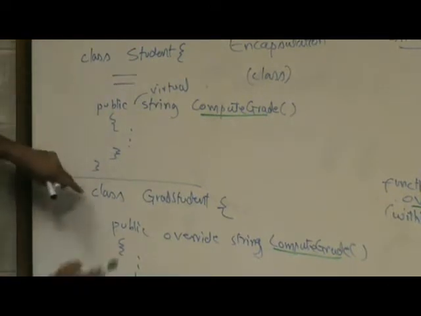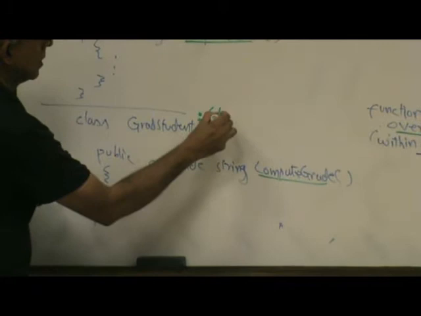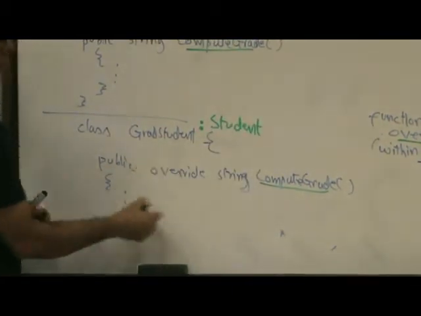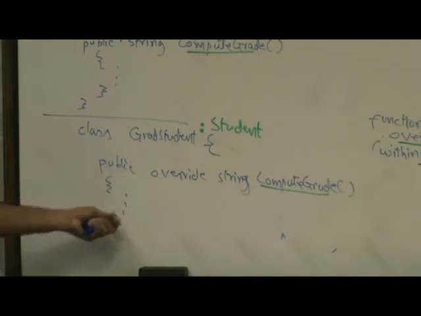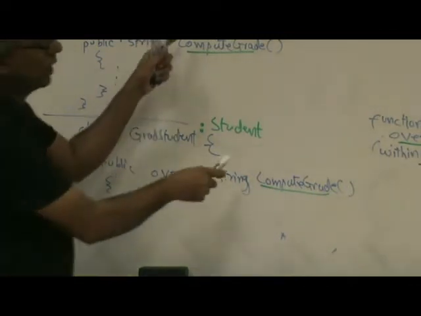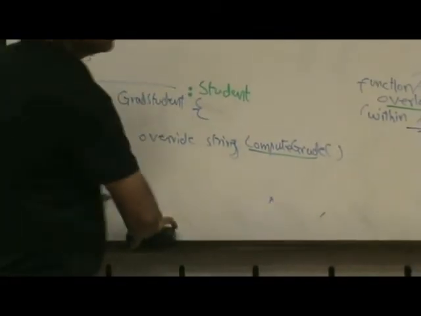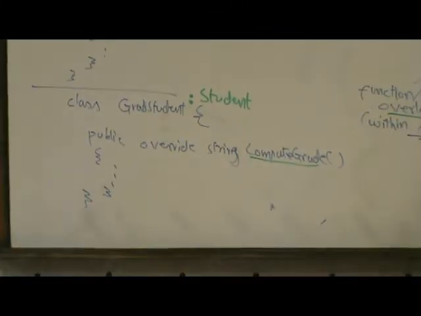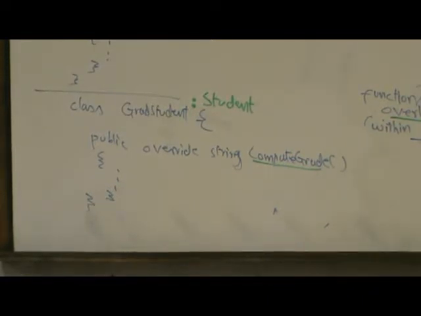Here's one class, we inherit from here, and I forgot to say Student, otherwise the inheritance will not make sense. And then we can override. So again, this is a type of polymorphism because we have 2 functions with the same name. So now there's one key concept with polymorphism.